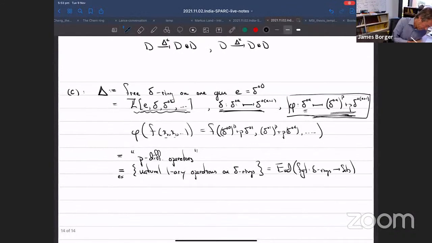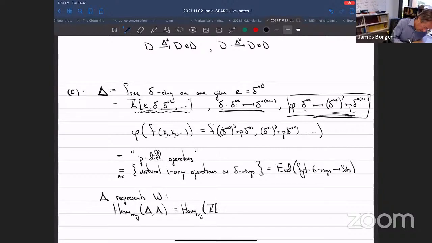And once again, delta represents W, and it works exactly as before. So the ring homs from delta to, say, a ring A. So what is delta? It's this ring.